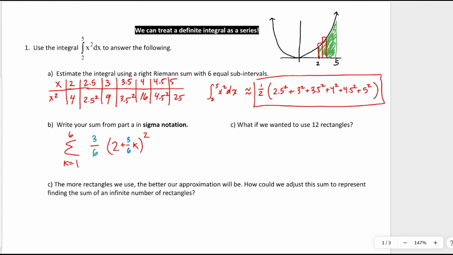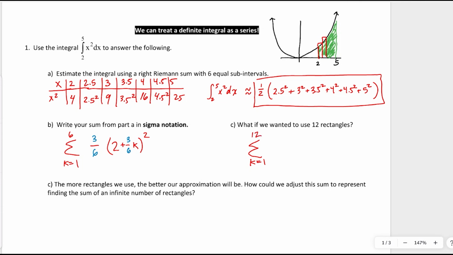So if we rewrite it like that, coming up with this next expression should be pretty easy, because really the only thing we're changing here is not the length that it started, but how many intervals we're dividing it up into. So instead of going from k equals 1 to 6, I'm going to go from 1 to 12.